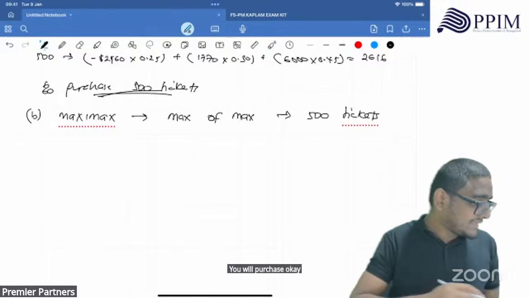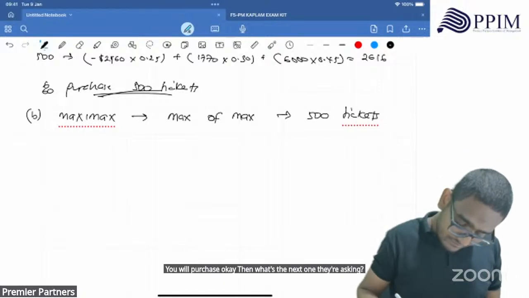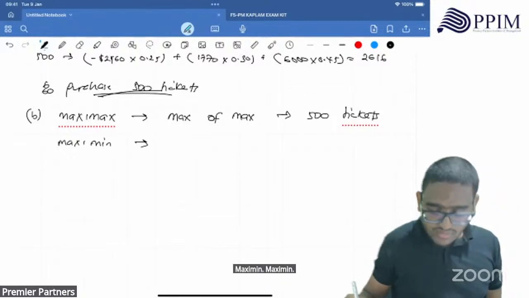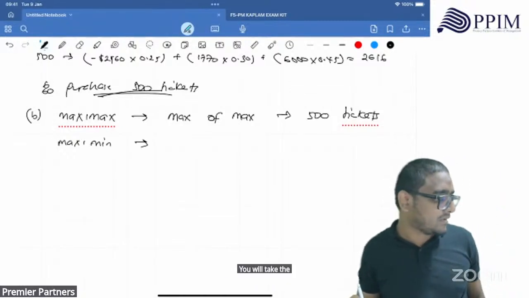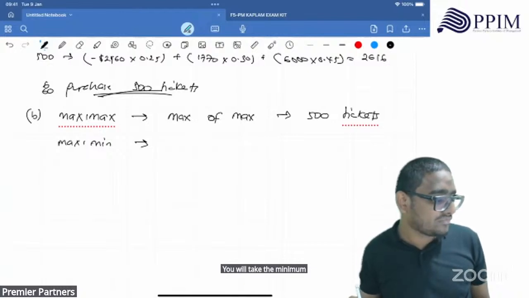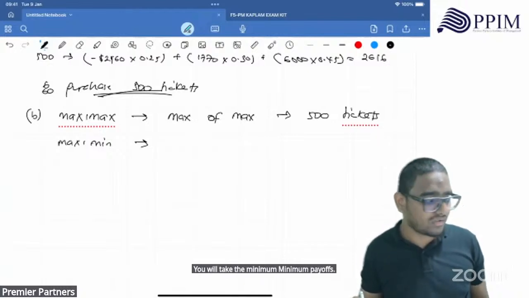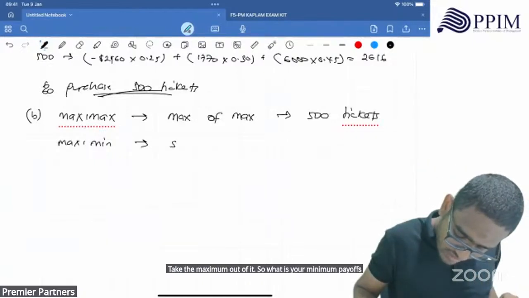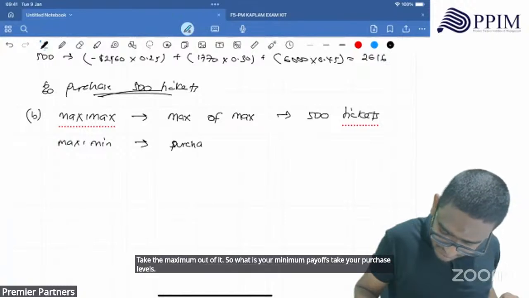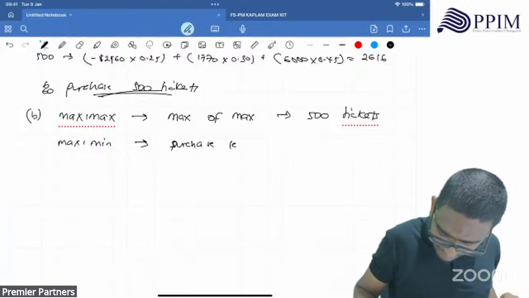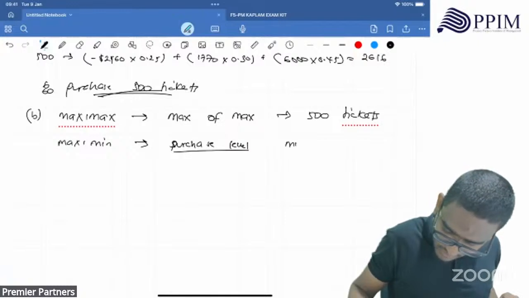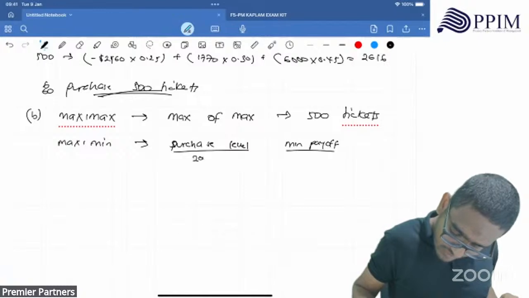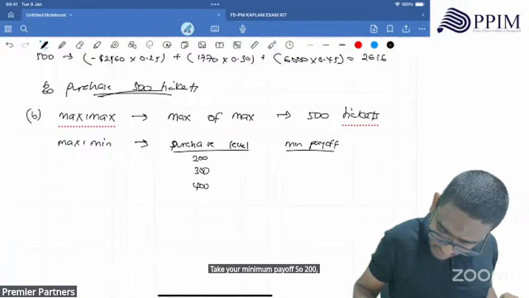Then what's the next one they're asking? Maximin. Maximin, you will take the minimum payoffs, take the maximum out of it. So what is your minimum payoffs? Take your purchase levels: 200, 300, 400, 500.